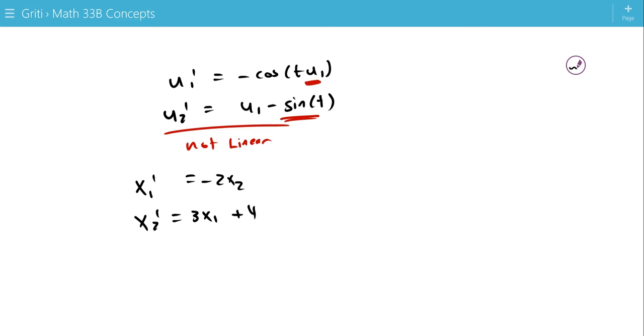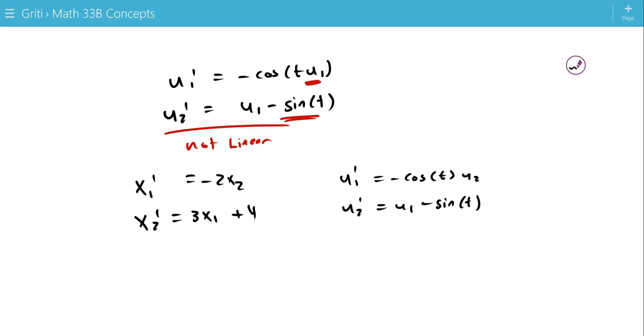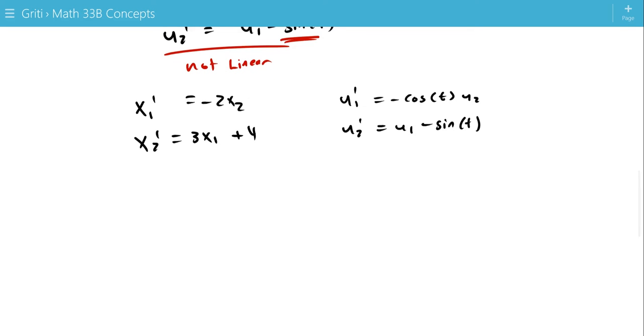This is linear because we don't have any of the things we are not allowed to have. u1 prime equals negative cosine t u2, and u2 prime equals u1 minus sine t. This is also linear because the higher order functions are not being applied to u1 and u2. They're only being applied to time.